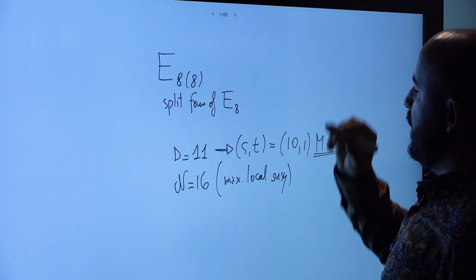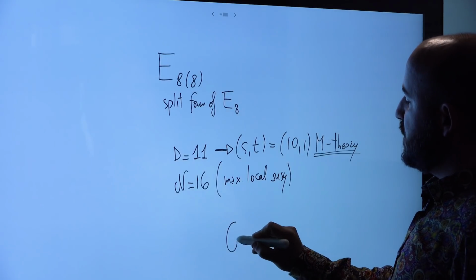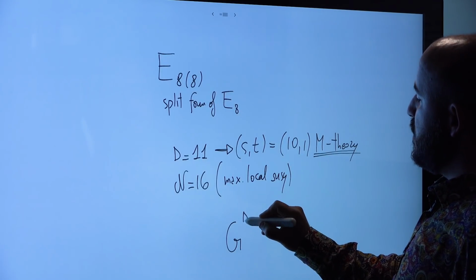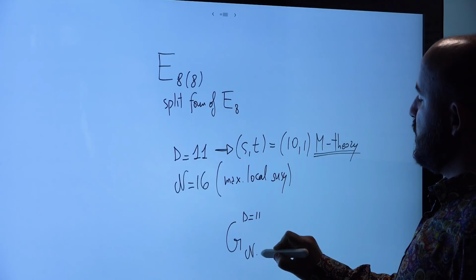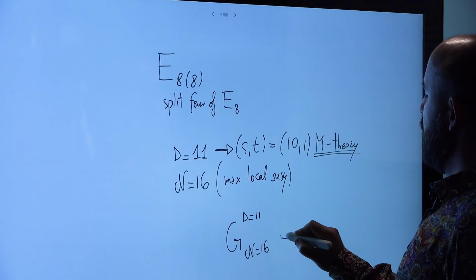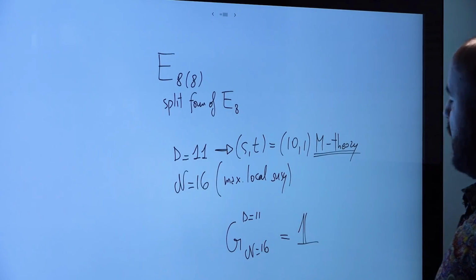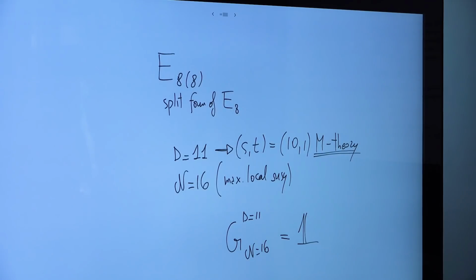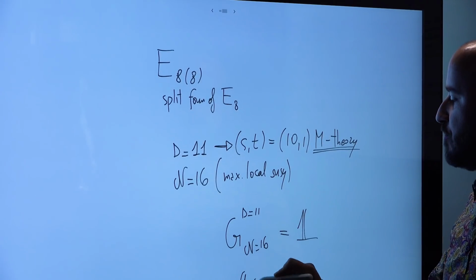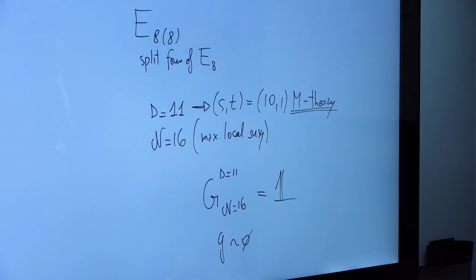And the important thing is that if we specify D equal 11 and N equal 16, we know that there is no continuous symmetry in M theory. So essentially, the group is trivial. If you want, the algebra is void.